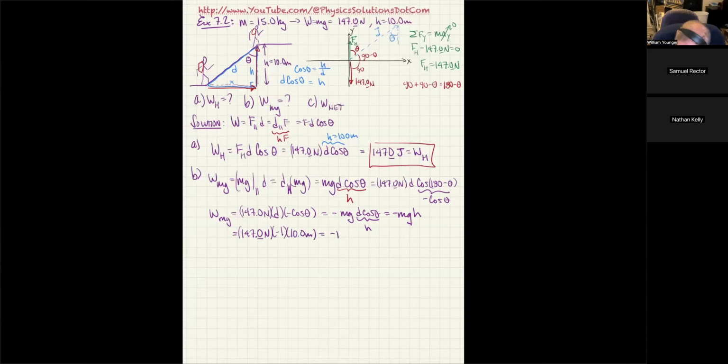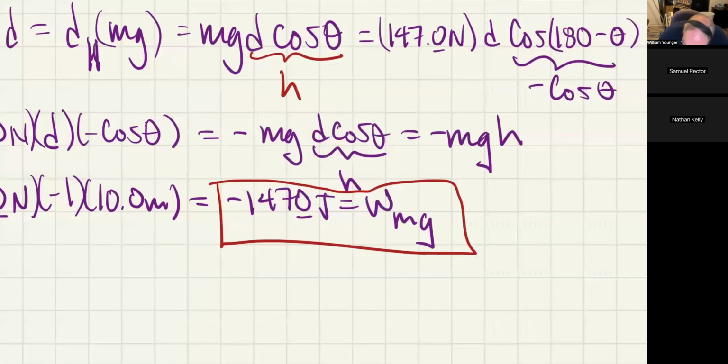So we get negative 1470 joules equals the work done against gravity, or by gravity, excuse me, like that. So that is the actual answer for this case. And as I said, that is the h right there. Any questions on that one?